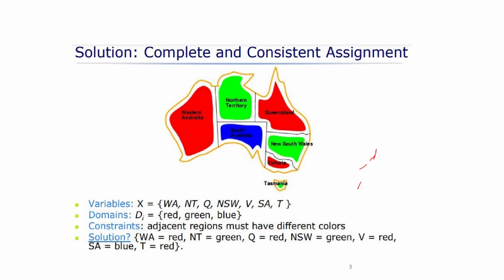So the only color possible is red. Okay, and this is a separate region over here, Tasmania. Whatever color we want, we can choose any color.